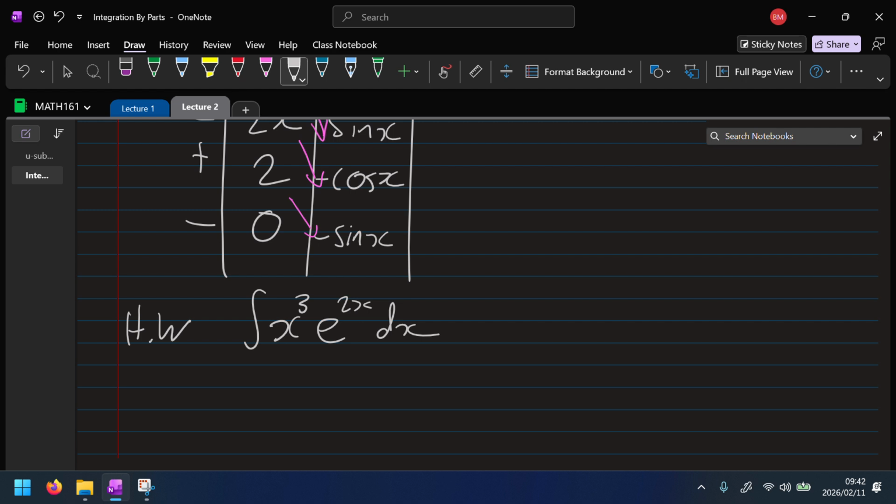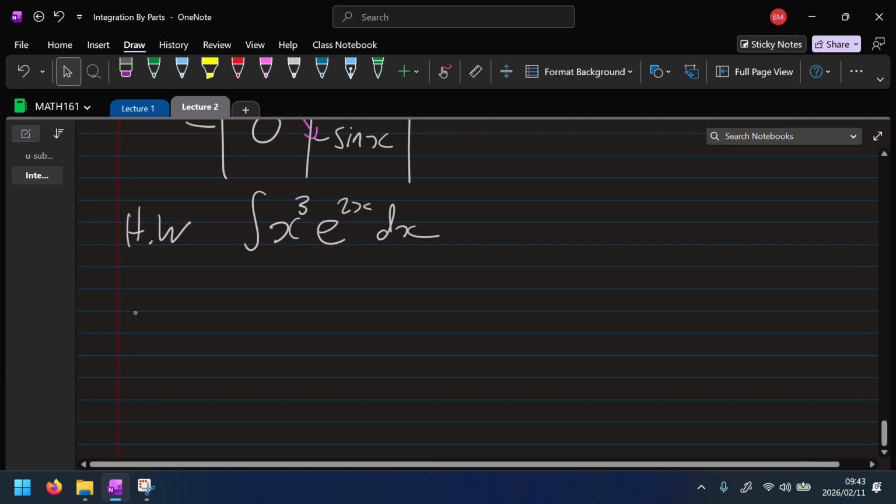The first way to show you how long it is, and you don't want to do it that way. And then the second way, using the table method to show it's much quicker. So homework, try it both ways, and then match up your answers between the two. Any questions for the homework? All good.